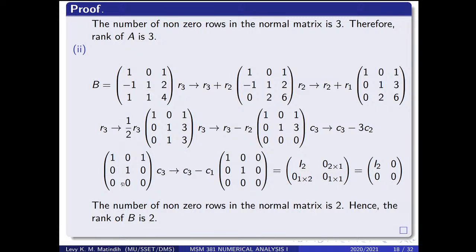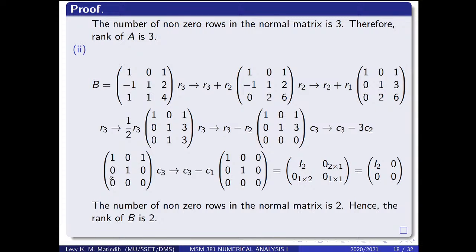The next step we're supposed to take is, we need to make the third entry in row 1 a 0. How can we make that? That means we need to change column 3. We need to transform column 3 by subtracting column 1 from column 3.